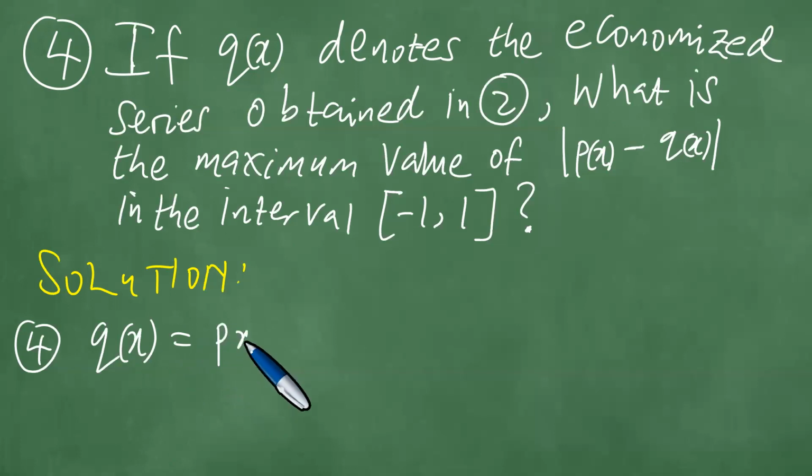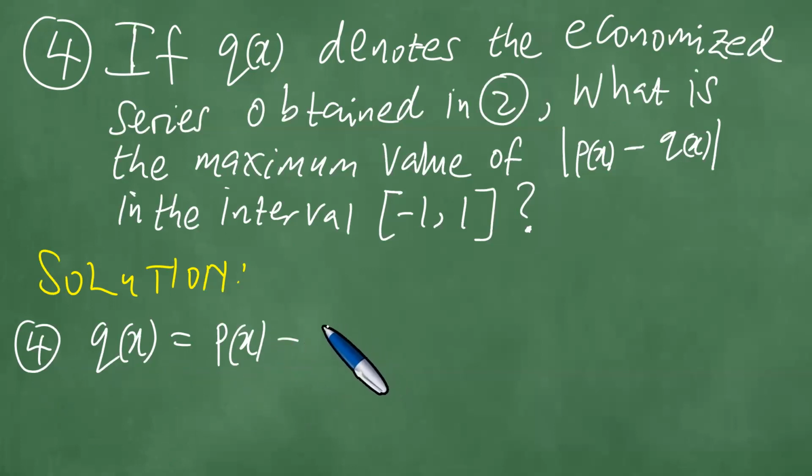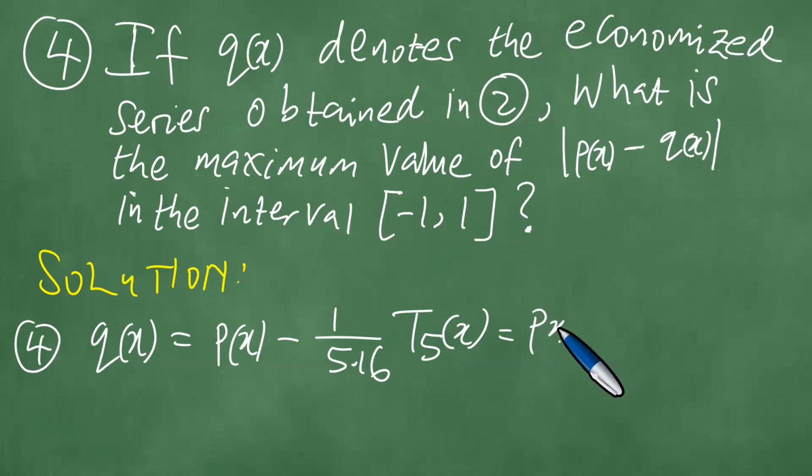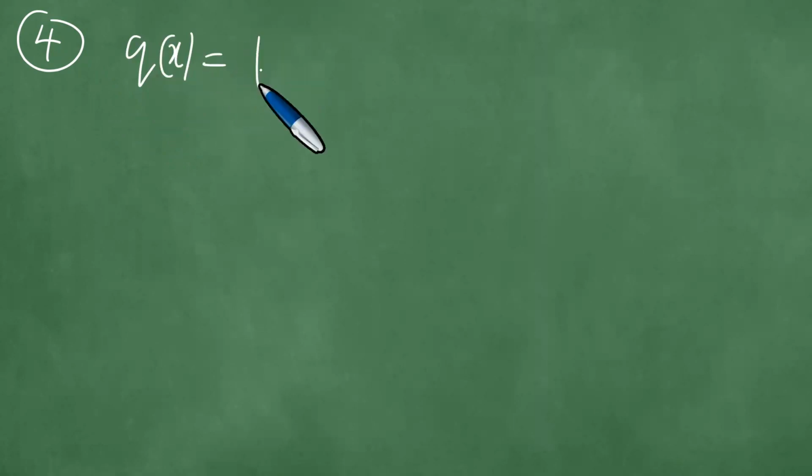So we called it P of X minus 1/16 times T5 of X, which is P of X minus 1 out of 80.